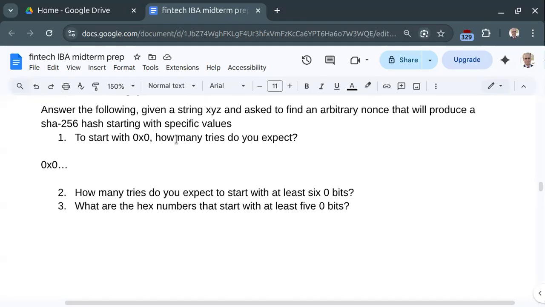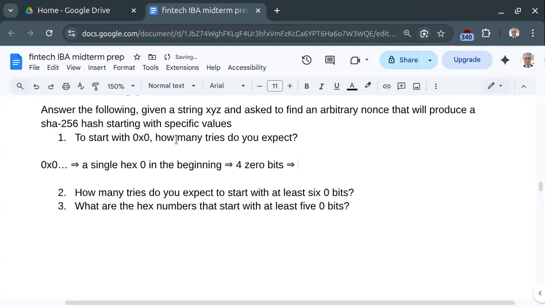That's correct. Because remember, you have a single hex 0 in the beginning, which means 4 0 bits.